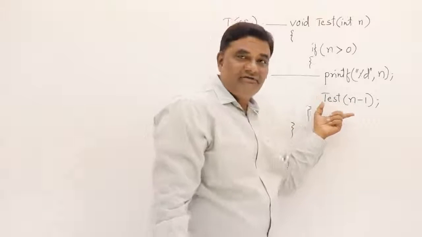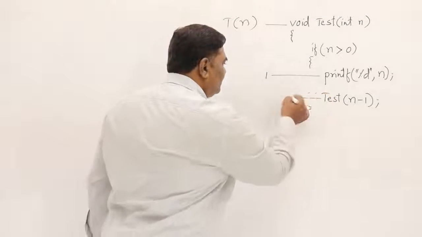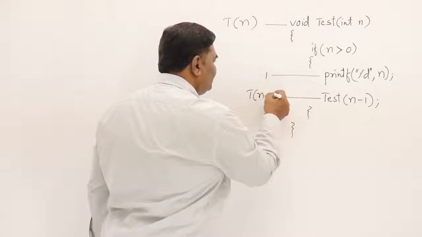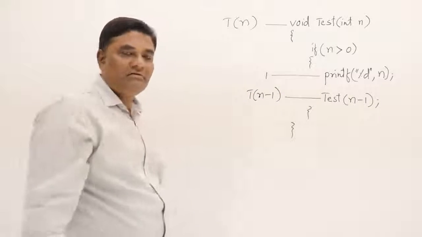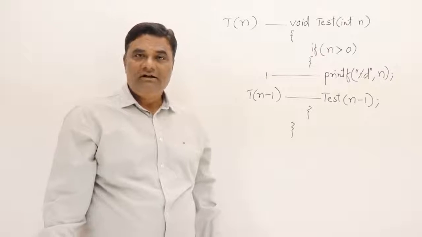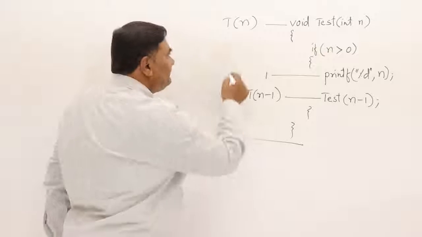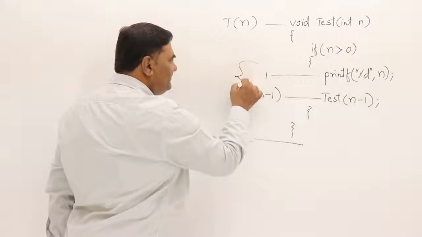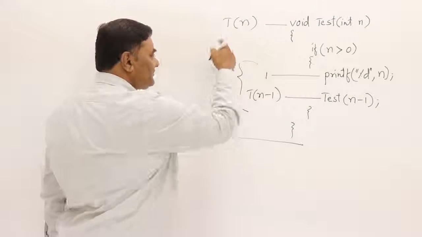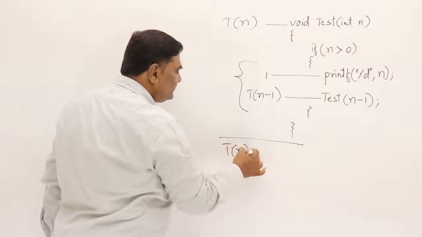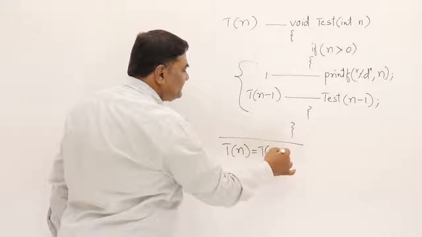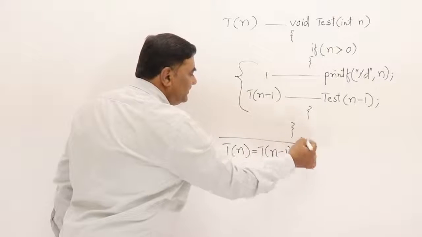Then what will be the time for this call? T of n minus 1. So the total time T of n is equal to T of n minus 1 plus 1.